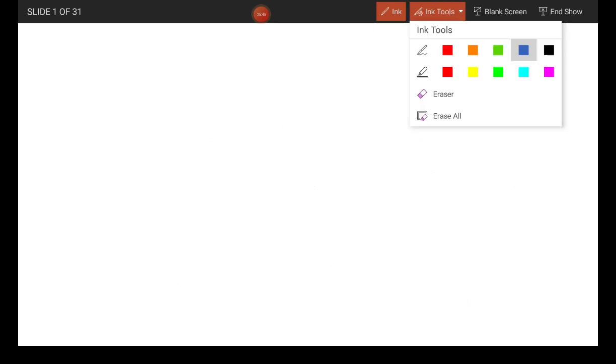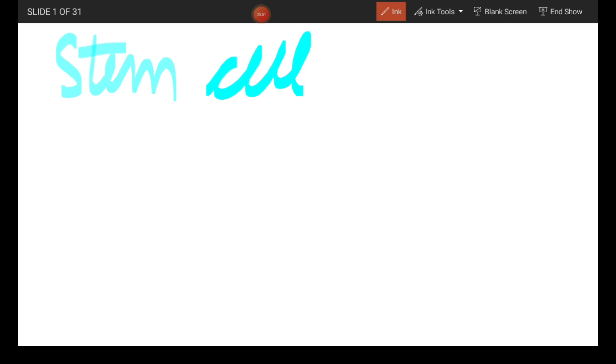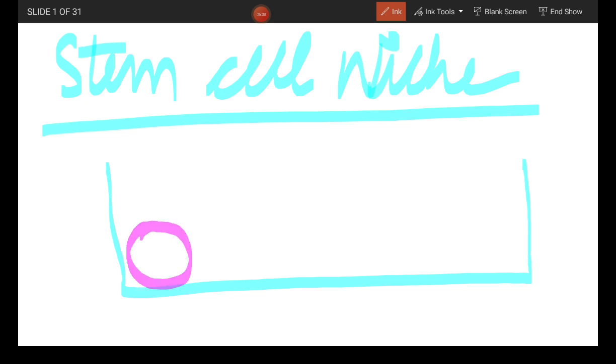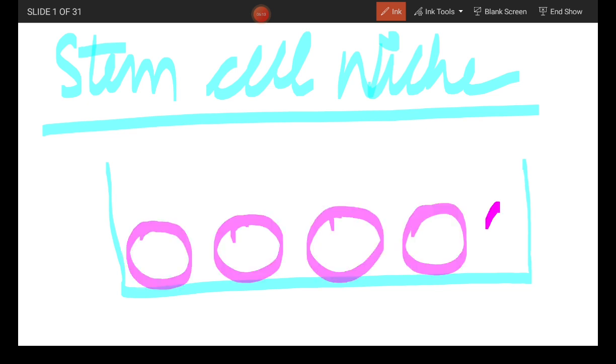Next, the stem cell niche. Consider a culture medium with stem cells inside the medium.